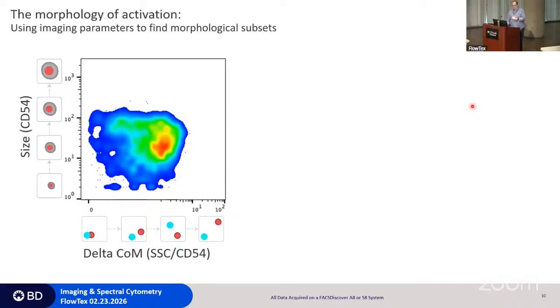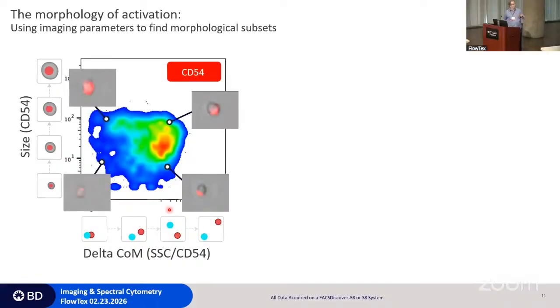So in this case, what we're looking at is a plot that's showing the distribution of CD54. So we have size on the y-axis, and on the x-axis, we have delta center of mass. So center of mass is the measurement, and I'll get into it in a second, actually. So this is the delta center of mass between side scatter and CD54. And with this plot, I can actually pull all 4 of those phenotypes out.